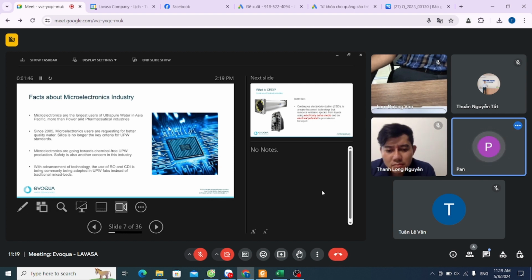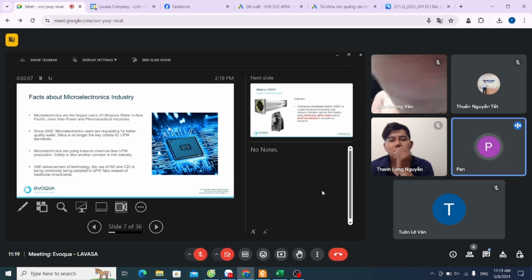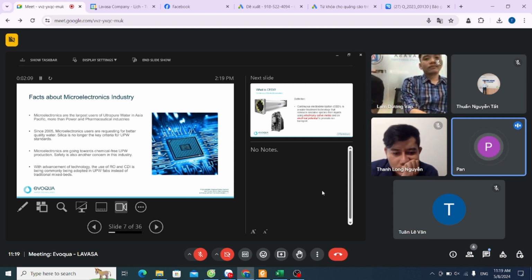But we want the locals to look after the locals, because if you speak to them in your local language, you can help them better. The original factory is always from Korea, but for the after service, we want you to do the replacement. If they want some expansion project and you can do it, that is good too.